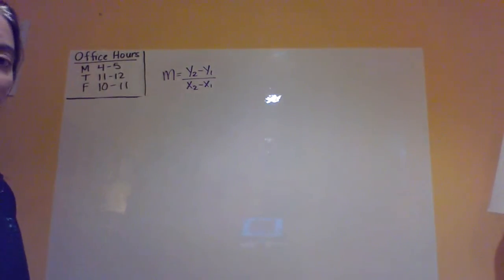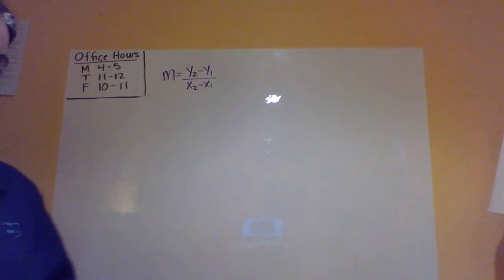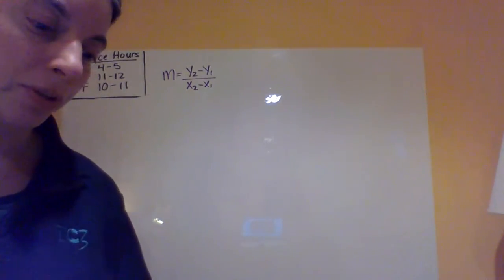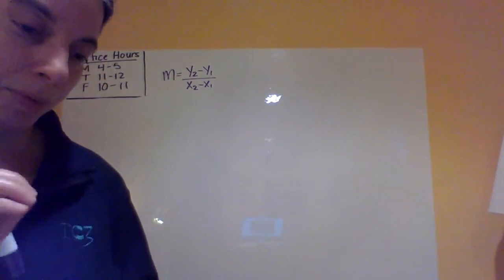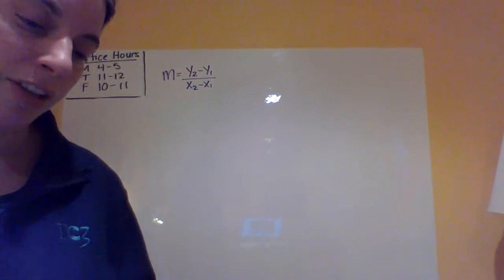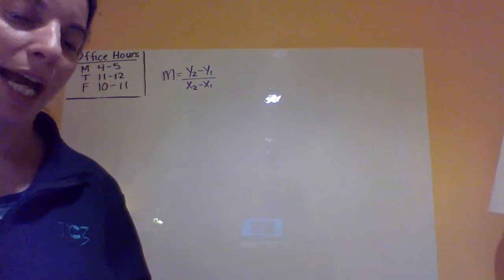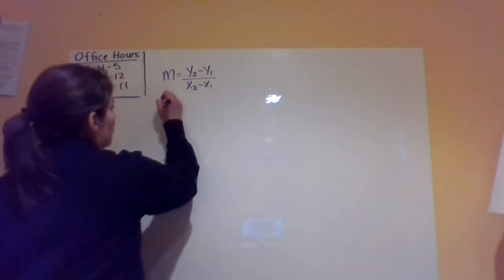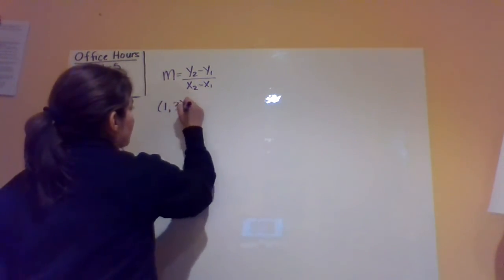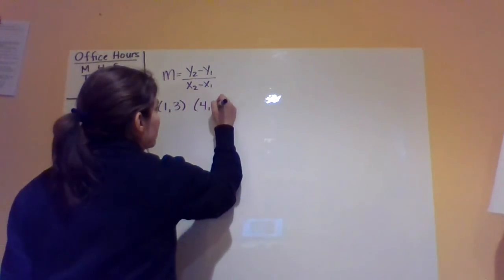So again, remember we said we need 2 points. Well, these aren't really numbered, but the question right below the picture of the slopes says find the slope of the line that goes through the points (1, 3) and (4, 9). So our 2 points are going to be (1, 3) and (4, 9).